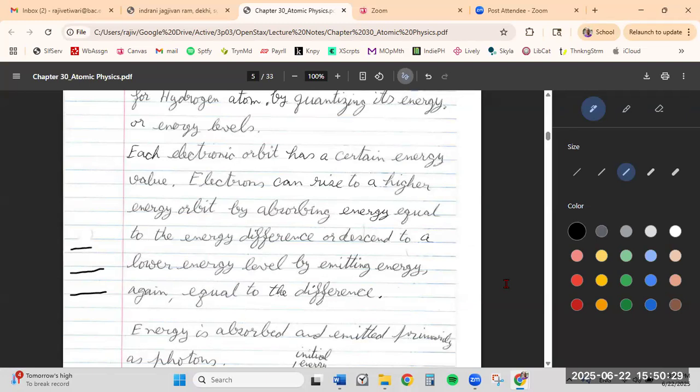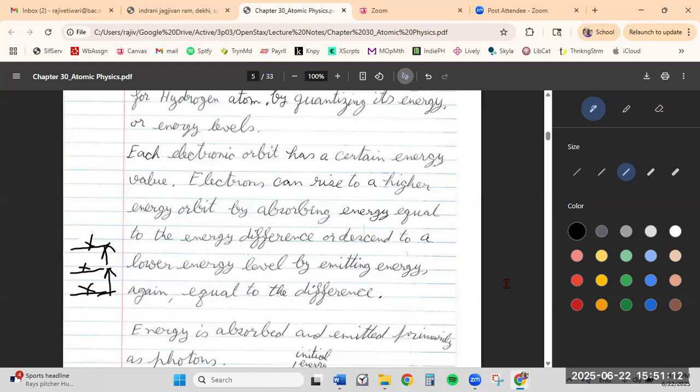So these are the discrete energy levels. These could be however many electron volts or joules or whatever. So either the hydrogen atom can have this amount of energy, or this amount of energy, or this amount of energy, but nothing in between. And the electron in the hydrogen atom can rise from this energy level to this. If you give it some amount of energy, it can go up to this level or to this level, but it can't stay anywhere in between them.